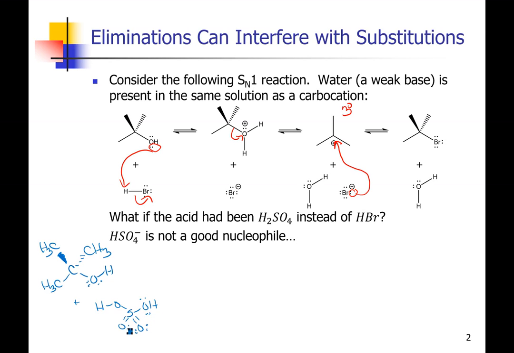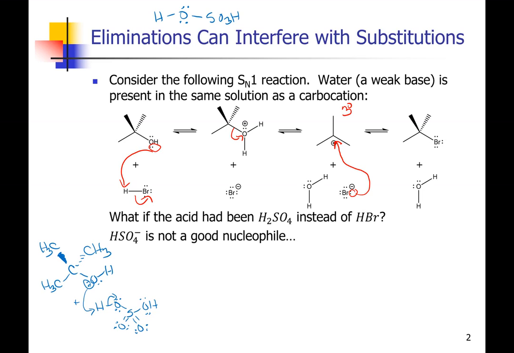I will draw out the full structure of sulfuric acid up here, but remember that I have told you that if you want to abbreviate it, this is the best way to do so because it preserves all of the important information, the hydrogen-oxygen bond, and the oxygen becoming an anion after it's deprotonated. So we can take our lone pair on our oxygen, reach over, grab the acidic hydrogen, and kick out the conjugate base.